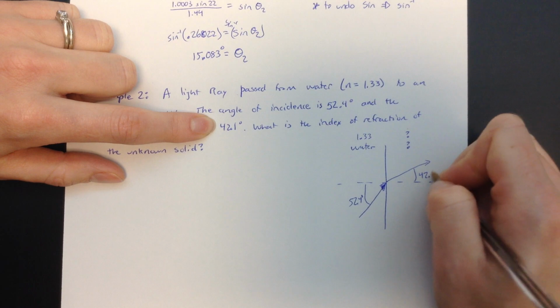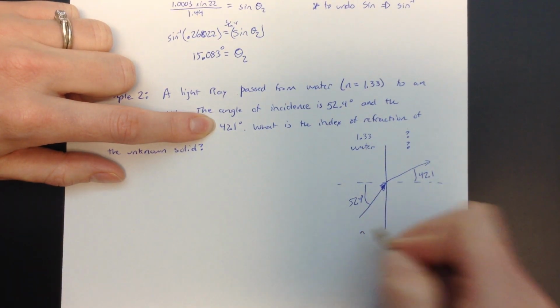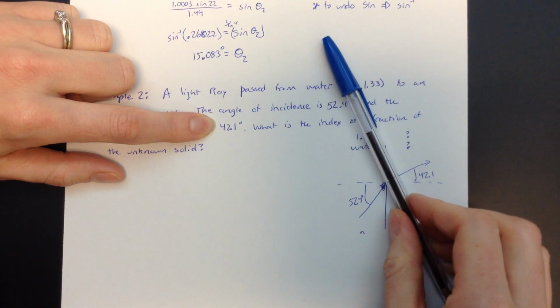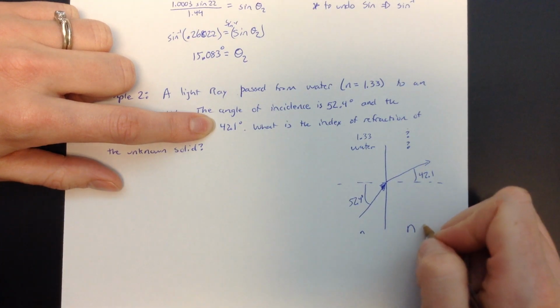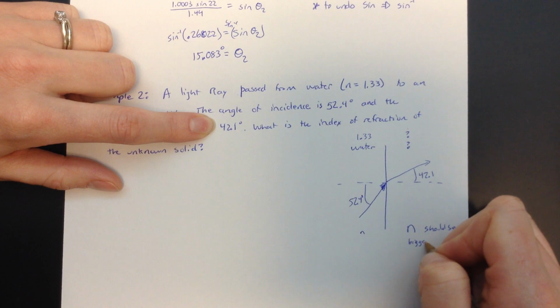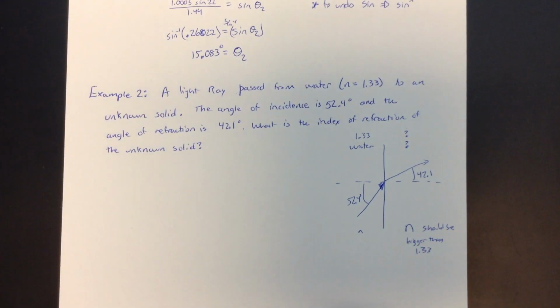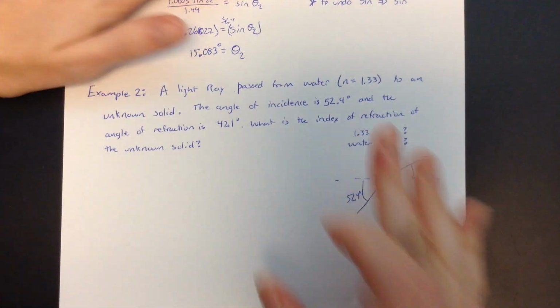So this is 42.1, which means that this is the little n, because what it's doing is it's slowing down, right? And so this will be the big N. So my n should be bigger than the 1.33. Okay, I'll be able to identify this material knowing the index of refraction, which is actually something that people do.